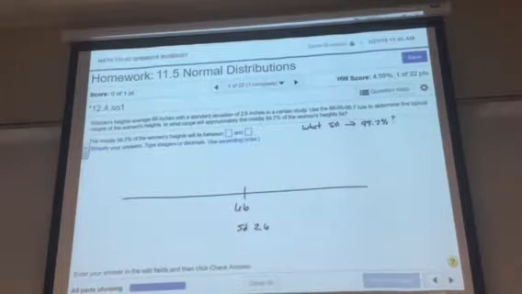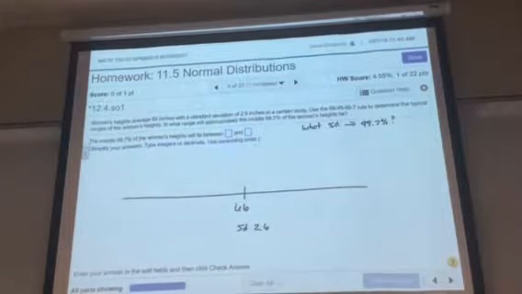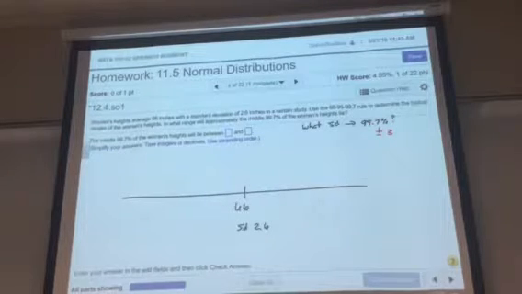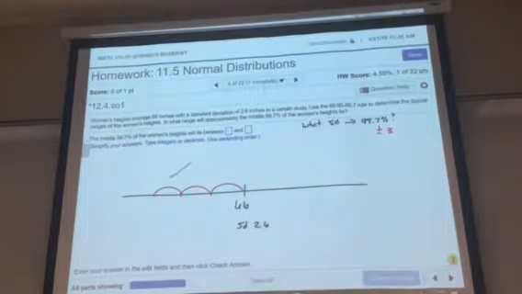That you have to encapsulate in your brain. 3 standard deviations. That's plus or minus 3. So now you're looking at, I need to take 1 step, 2 steps, 3 steps back to get the small value. I need to take 1 step, 2 steps, 3 steps forward to get the large value.